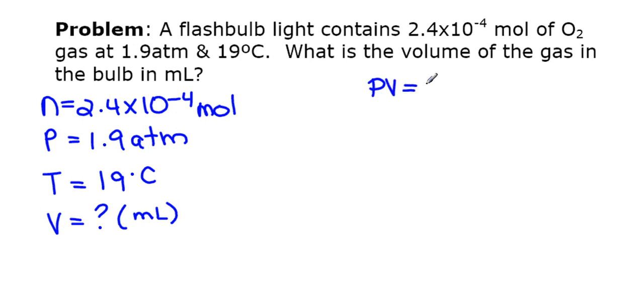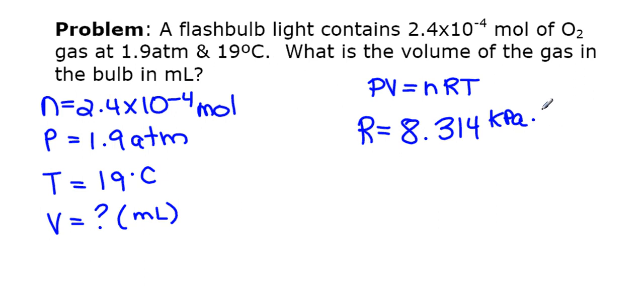So PV is equal to nRT. That means I have to use my R value, 8.314 kilopascals times liters over moles times Kelvin.